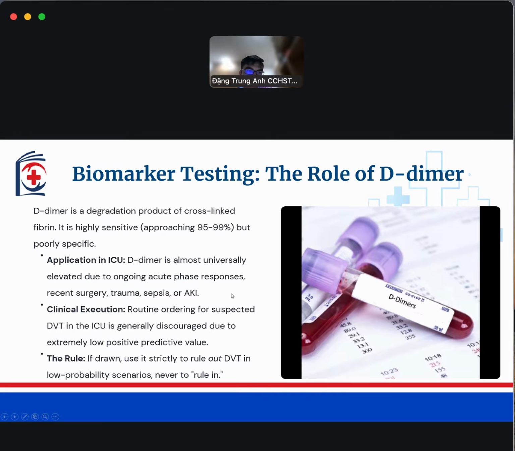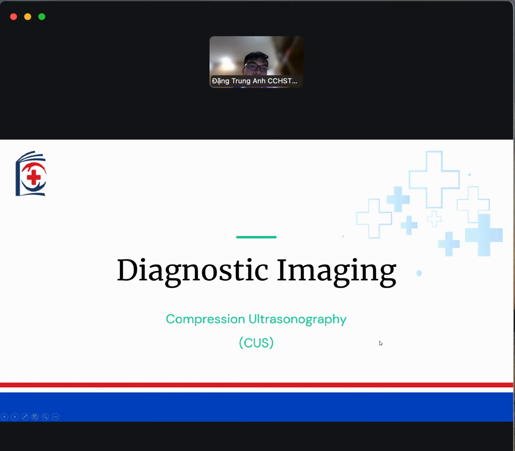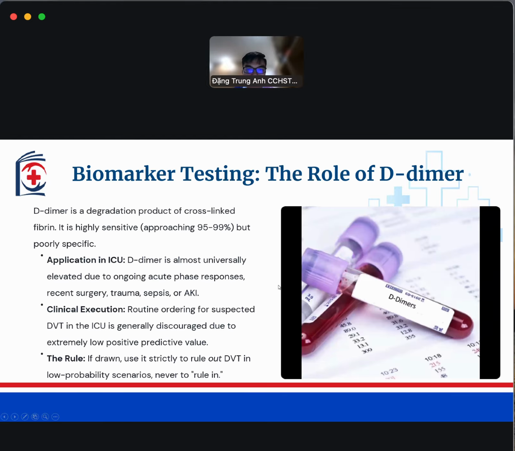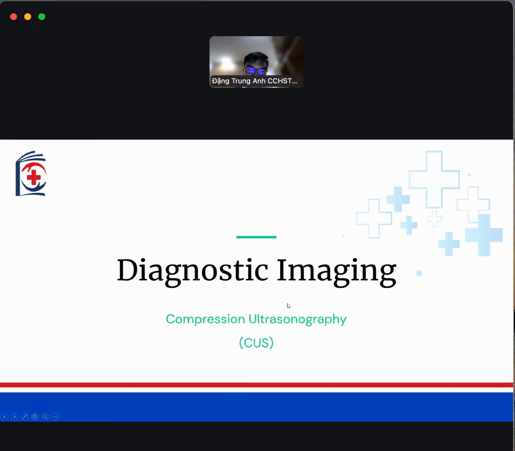So the role of D-dimer is to rule out DVT if the patient is not likely to have DVT by Wells score and the D-dimer test is negative. And then if the patient has a positive D-dimer, we have to do compression ultrasound. So that is the diagnostic imaging.